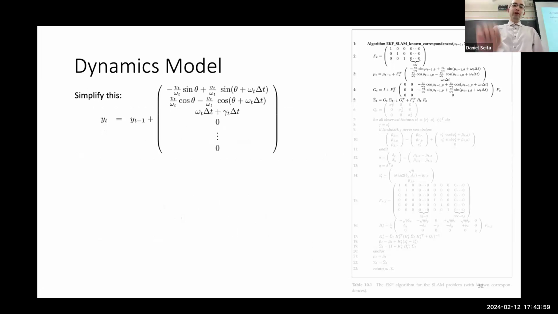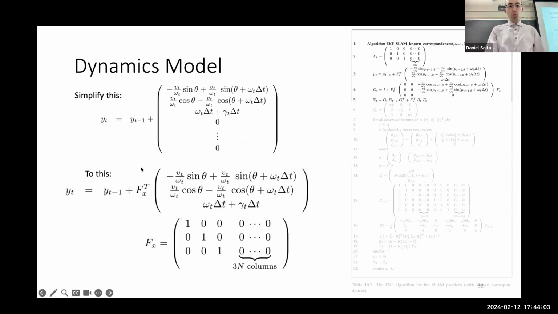And for notational reasons, what the book does here is simplify this to this type of matrix algebra. So if you go from this here to the bottom, it's the same thing, equivalent.